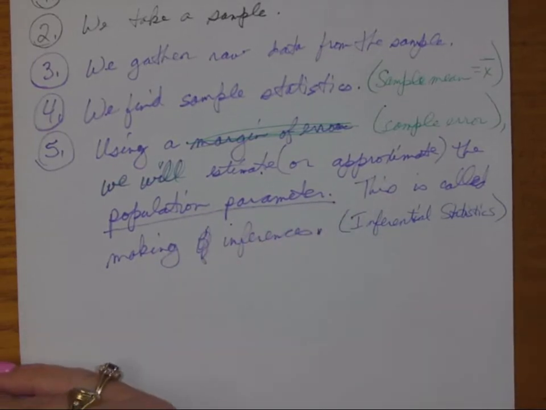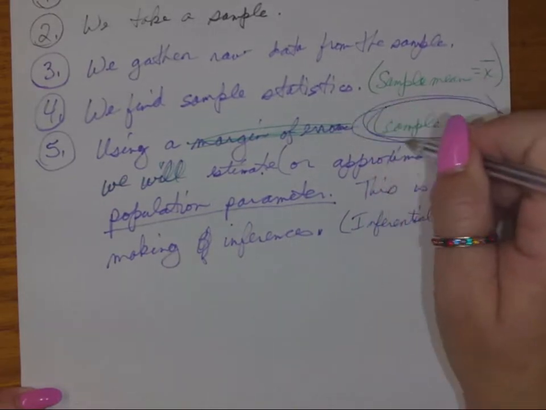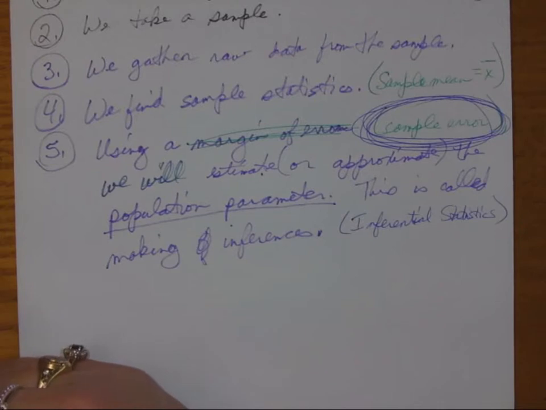Now the problem is that there's an error, right? There's got to be an error, because if we don't take the entire population, if we're only looking at a sample, then it's not going to be completely representative, right?